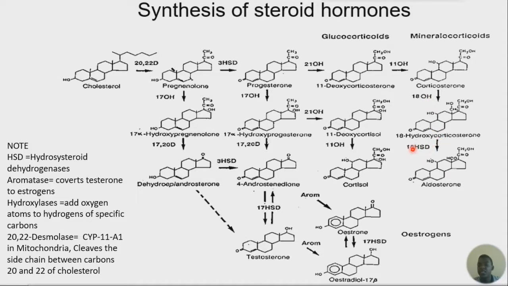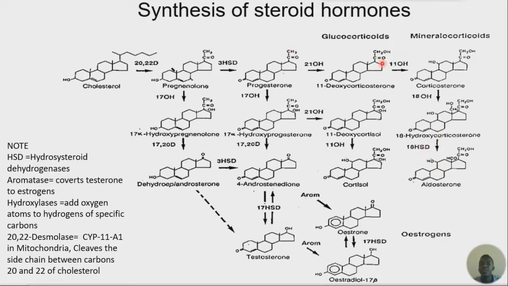Then we end up with 18 hydroxysteroid dehydrogenase, which dehydrogenates carbon number 18 and makes it an aldehyde, which you call aldosterone. So basically, from progesterone to form aldosterone, you need 21, 11, 18 hydroxylases and 18 hydroxysteroid dehydrogenase.